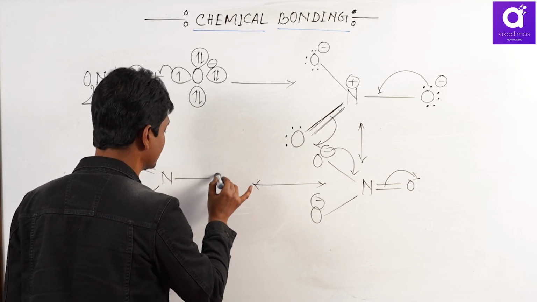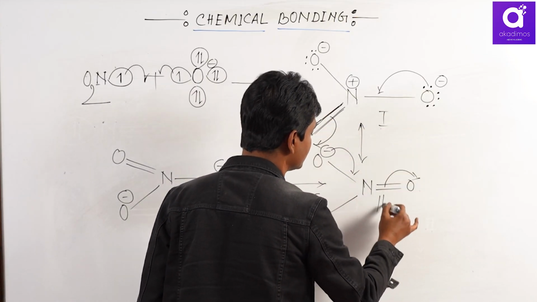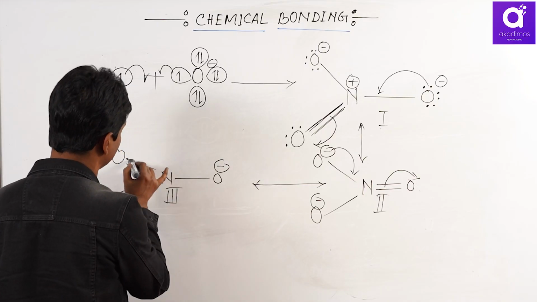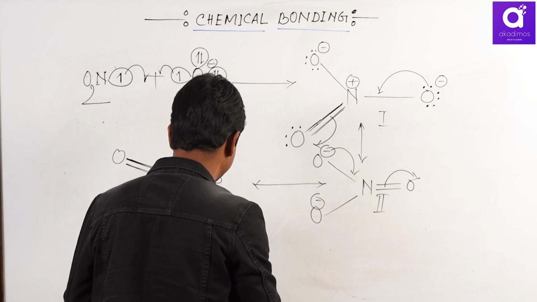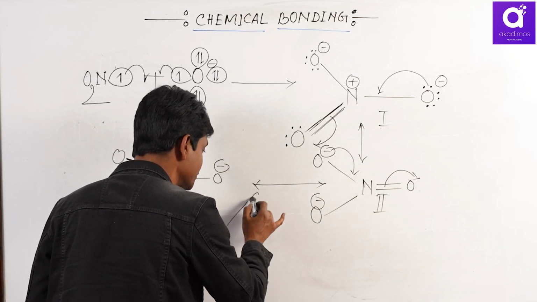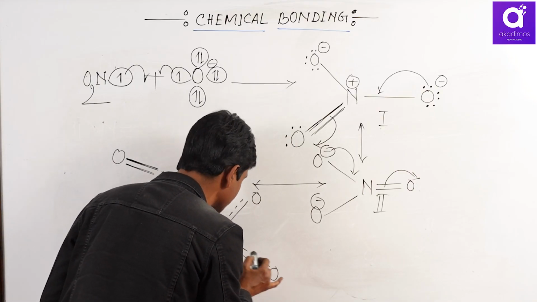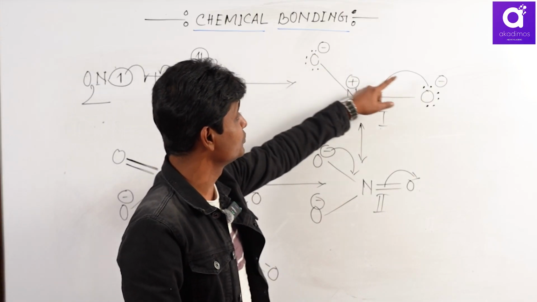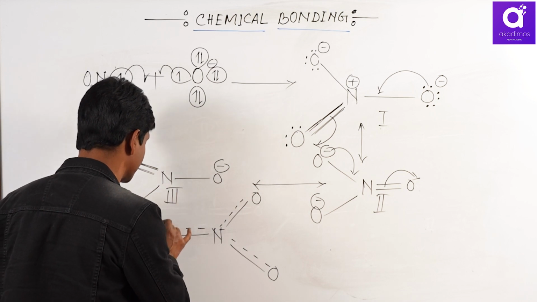The actual structure of NO3 minus is the average of these 3 structures, and when you take the average, the 1 pi bond is equally distributed among the 3 oxygens. That means the actual structure is oxygen, oxygen, oxygen, with 1/3 pi bond each, and see here, the 2 minus charge on oxygen is equally distributed among 3 oxygens.